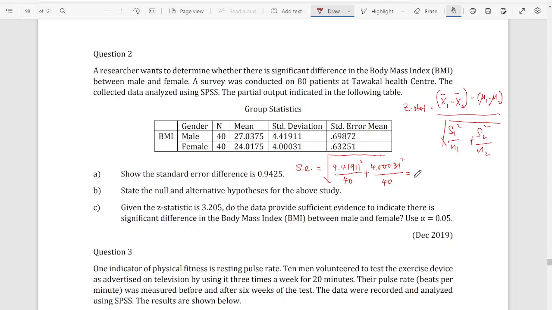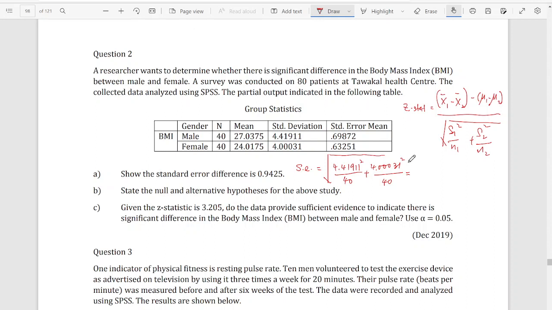Okay, calculate this one, you get 4.41911 square divided by 40, and then plus 4.00031 square divided by 40. Okay, you can dapat 0.88, and then take the square root. So square root, so get 0.9425.